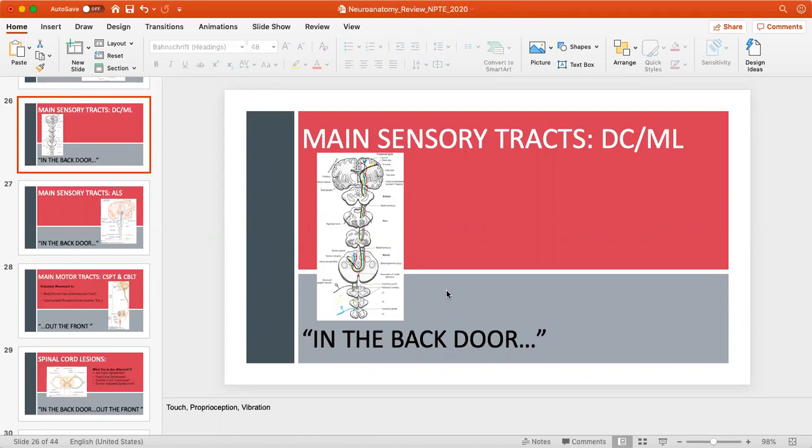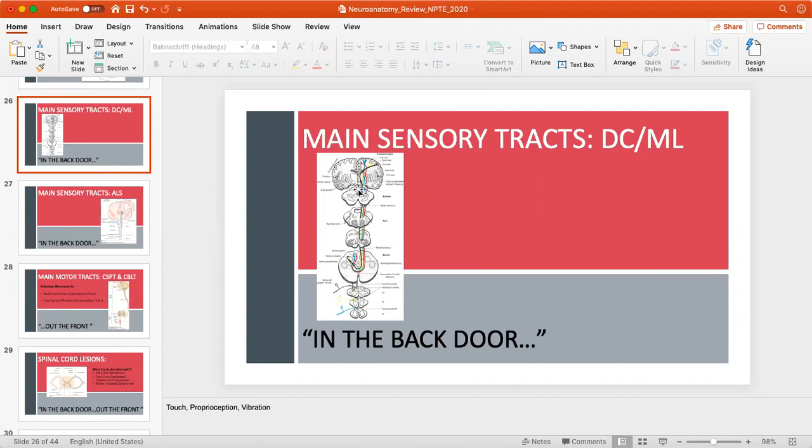So first neuron in this system, dorsal column medial lemniscus, is going to be this dorsal root ganglia. The axon from that neuron is going to travel through the dorsal column. Again, we said column in the spinal cord is going to be a column or tract that's a group of axons in the central nervous system.